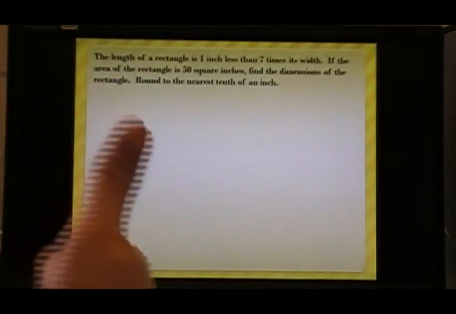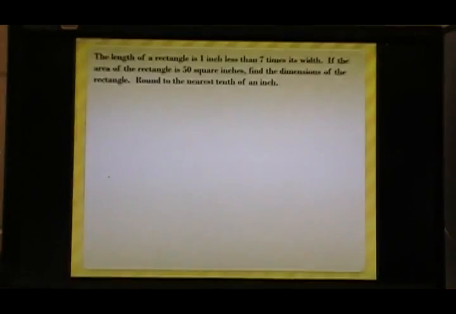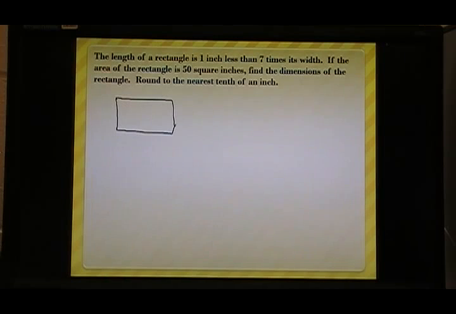The information I'm given is that I'm dealing with a rectangle, and I'm also given some information about the length and the width. If it's talking about a rectangle, I like to start by making a picture of a rectangle. I'm also given a relationship between length and width, and when I'm given a relationship between two different things, it's easy to work with, because I can work in one variable.